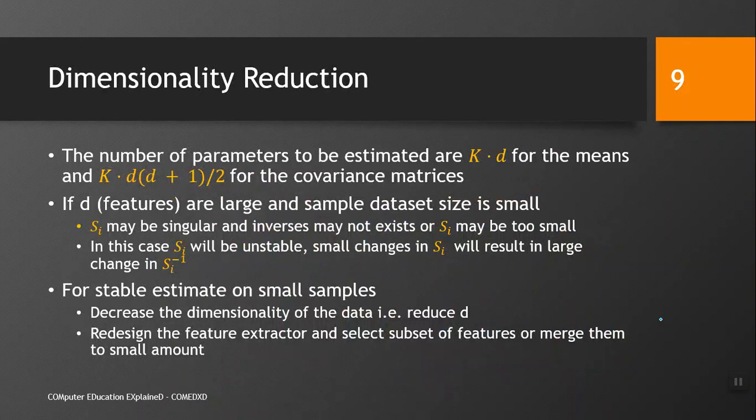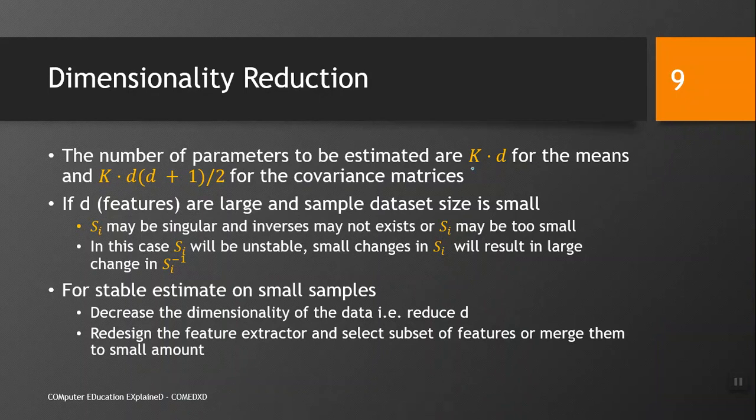Dimensionality reduction. The number of parameters to be estimated are K times d for the means and K times d(d+1)/2 for the covariance matrices. It's interesting to know that as the number of features or the number of dimensions increases, the complexity of the model also increases, and we have discussed this fact.